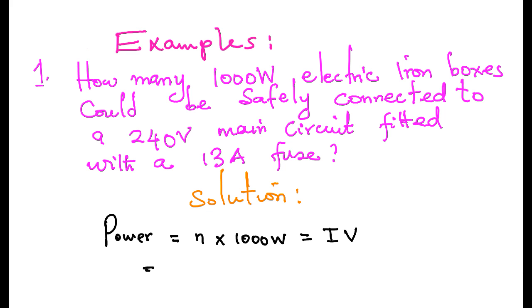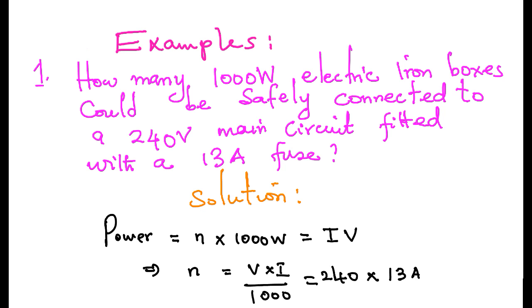From this, it implies that the number N is equal to voltage times current divided by 1000, which is equal to 240 volts, current is 13 amps, we divide by 1000.